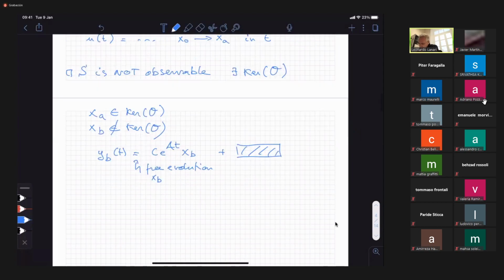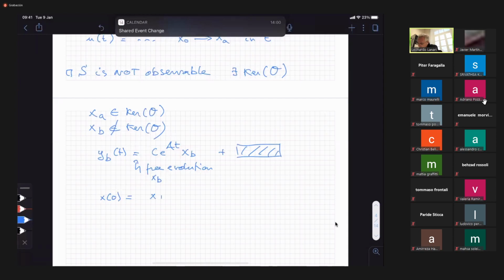Now, let's see what happens if we take as an initial state XB plus any constant alpha XA.